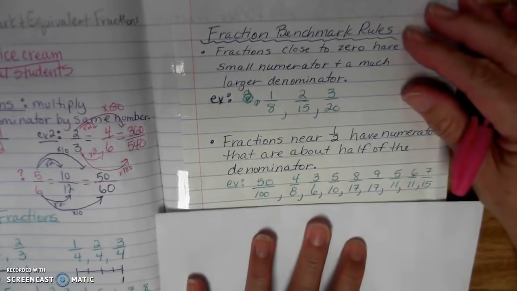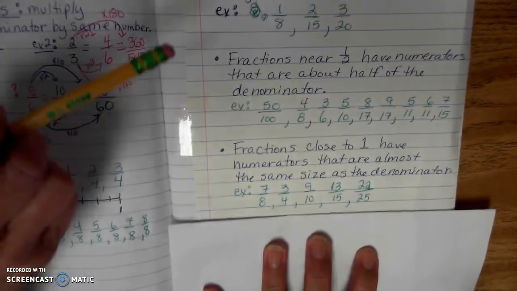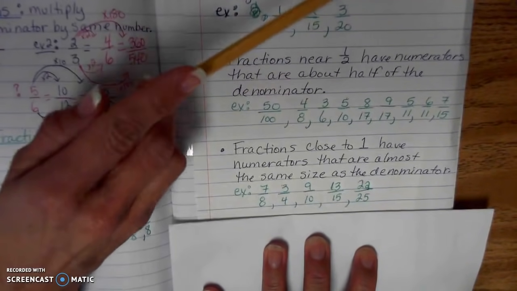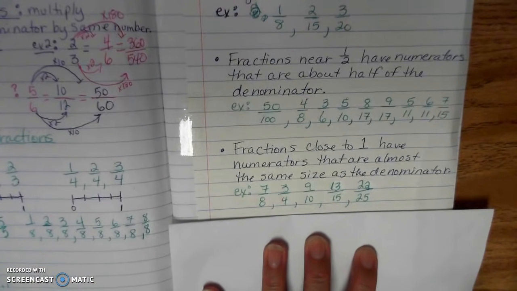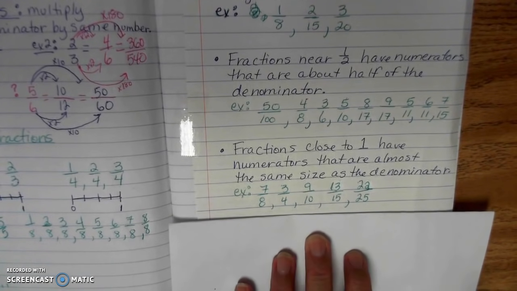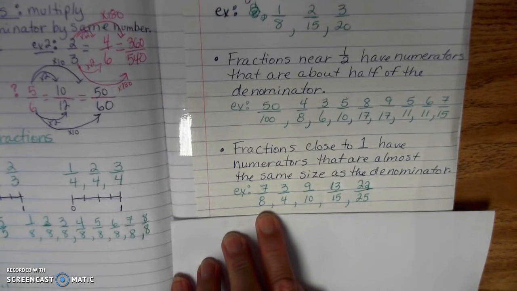All right, and our last one is, again, we can have it close to 0, close to half, or close to 1. So go ahead and push pause and copy this down. These are going to be close to 1, with that larger numerator closer to the denominator size.